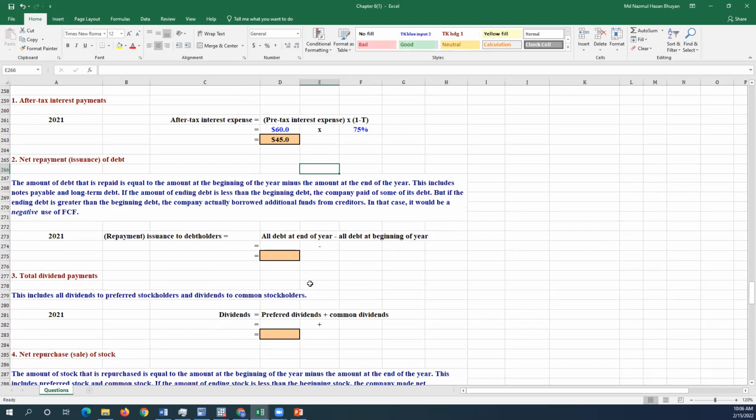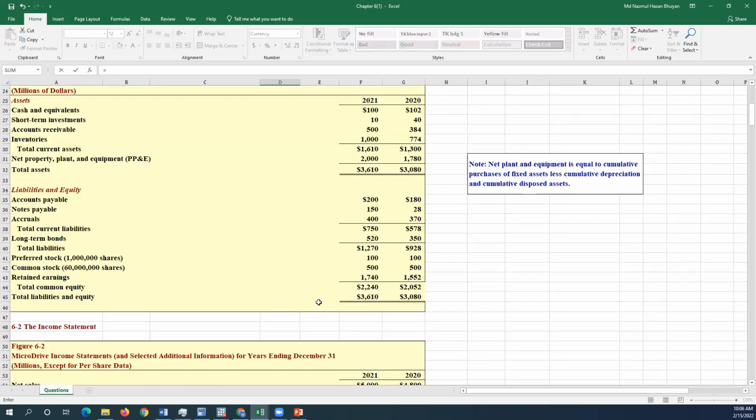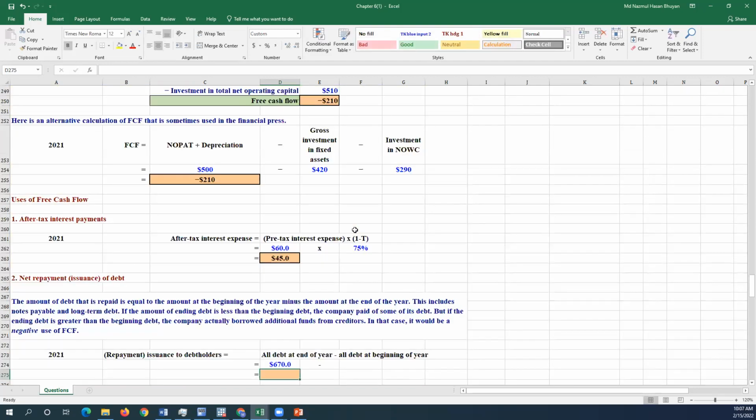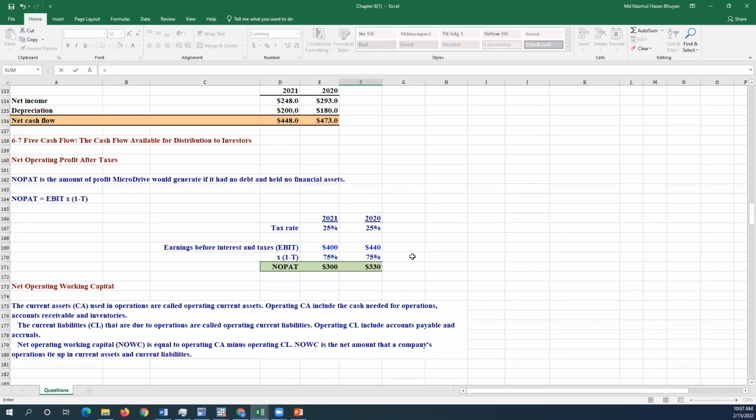Now let us see how much free cash flow the company uses for net repayment of debt or issuance of debt. All debt at the end of the current year. And we know we have two types of debt. One is notes payable and the other one is long-term bonds. And all debt in the previous year.